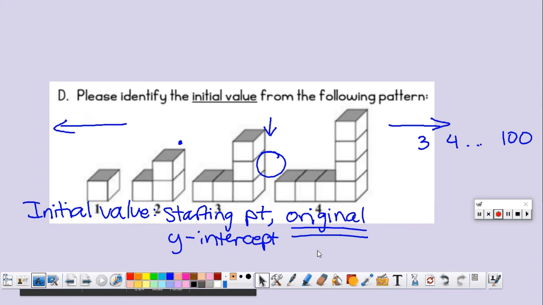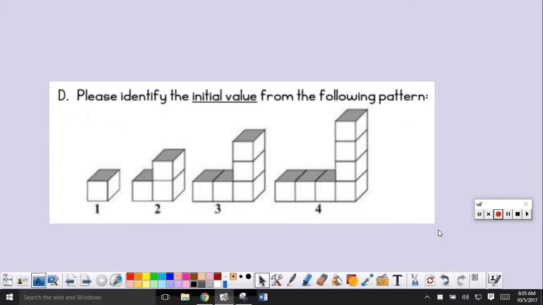All right, the last one I'm going to work on page 1 is letter D with the pattern. So please identify the initial value from the following pattern. So remember, our starting place, our original, would not be figure 1, but it would be figure 0. So we are going to work forward to figure out our pattern.